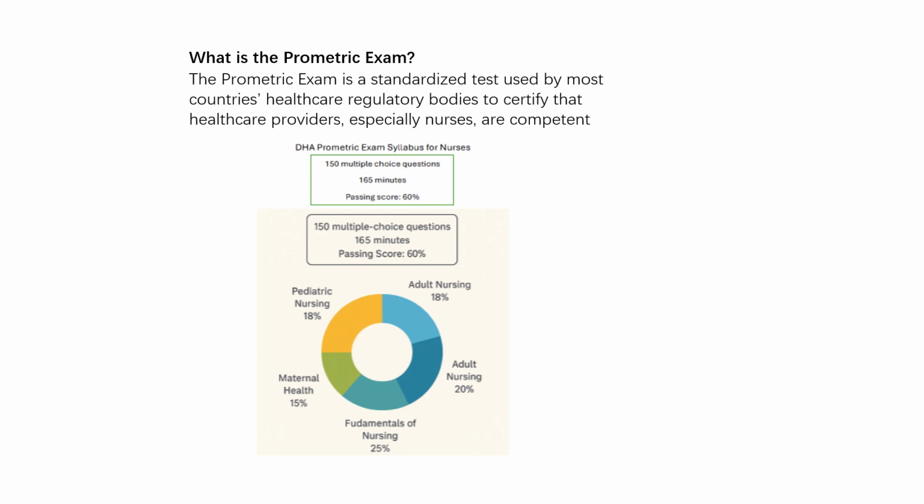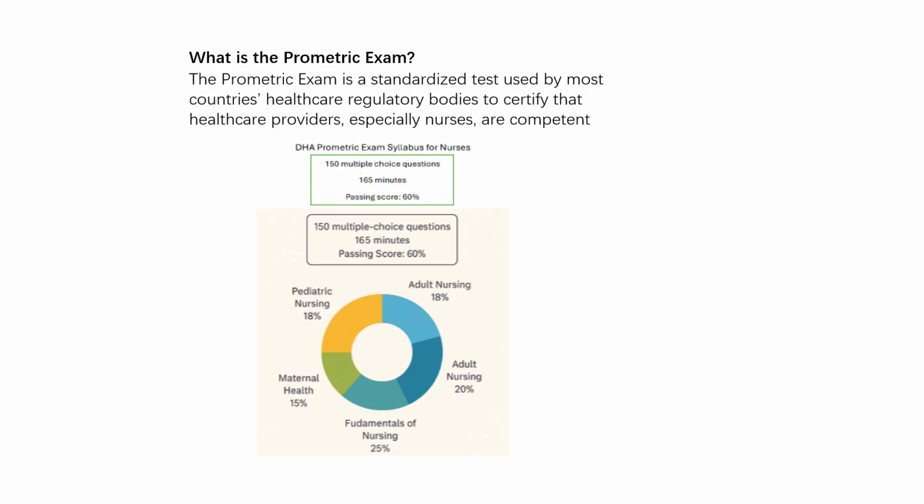And what is the format of the prometric exam? As we know, there are 150 multiple choice questions with 165 minutes. And then we also see here the passing score is 60%. As you can see on this figure, we have the percentage of topics that cover nursing.